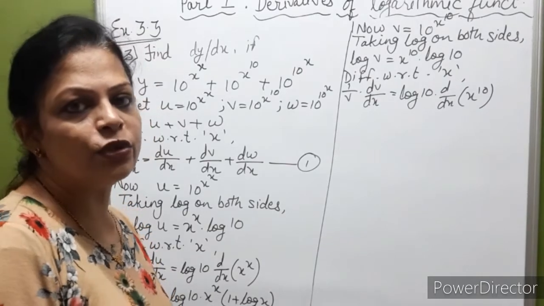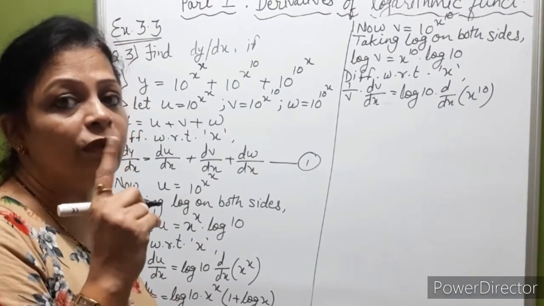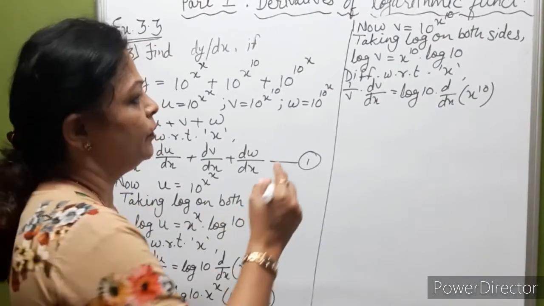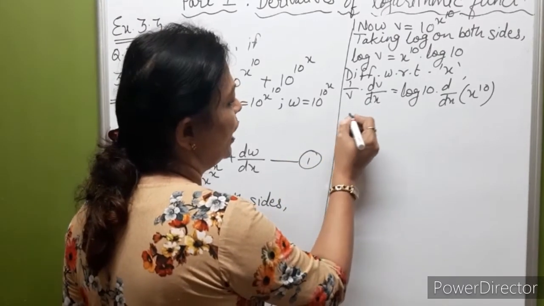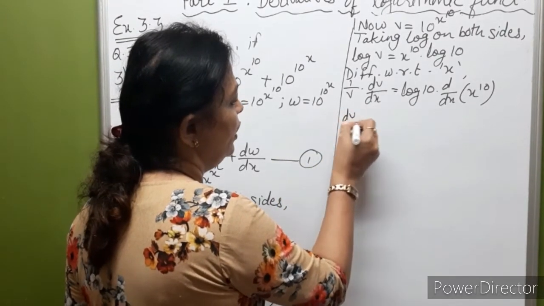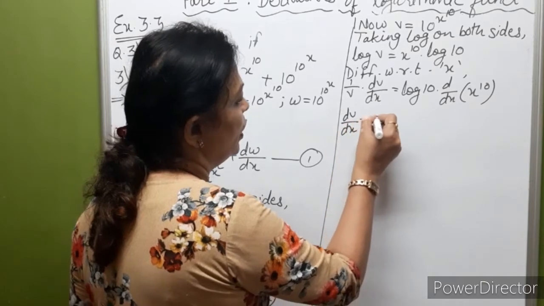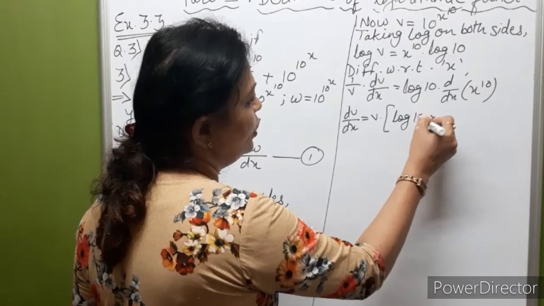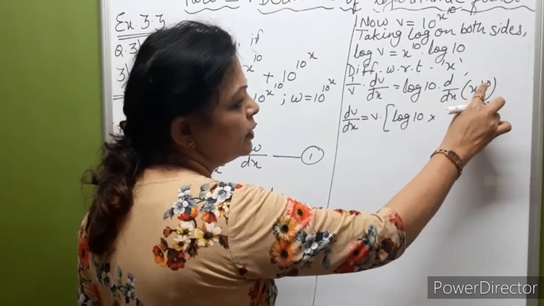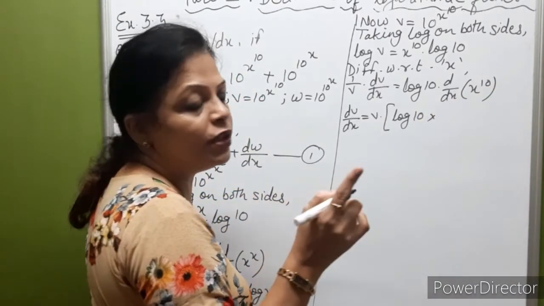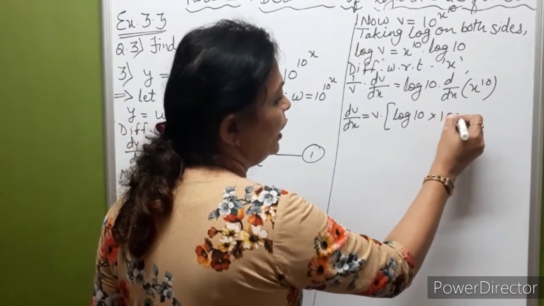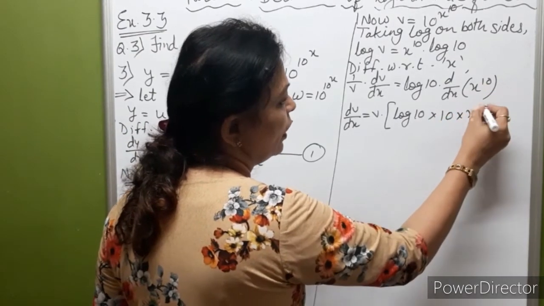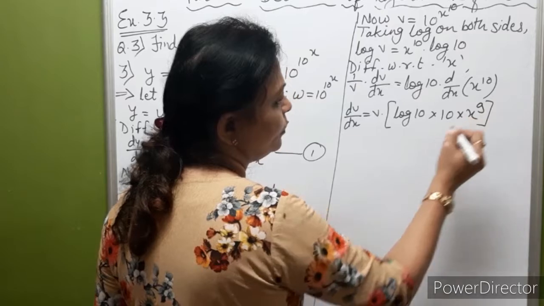Now what will be the derivative of x raised to 10? You have to use the formula x raised to n. Correct? So you get, let's write this, dv by dx is equal to v into log 10 into, by the x raised to n formula, n into x raised to n minus 1. So here you get 10 into x raised to 10 minus 1, that is 9.